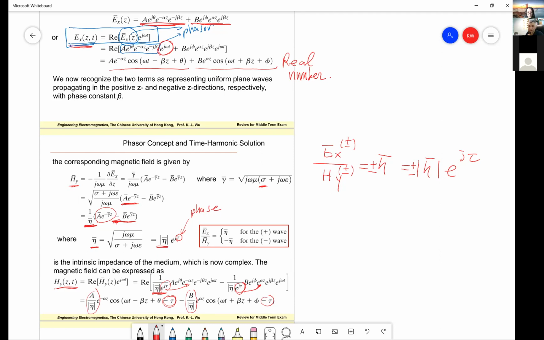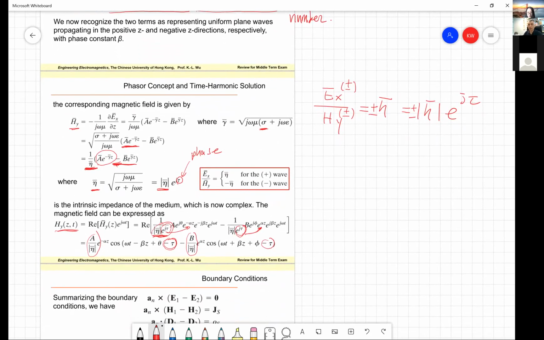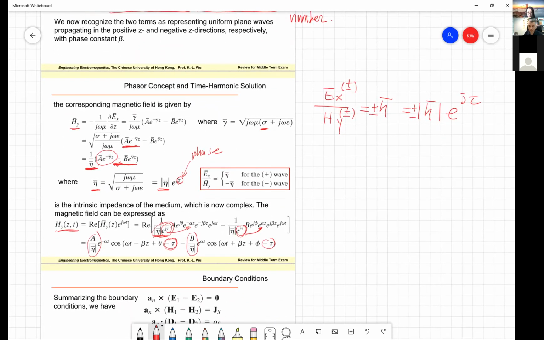You cannot take the real part without considering this complex number. So this is what I want to say about phasors and about plane waves.